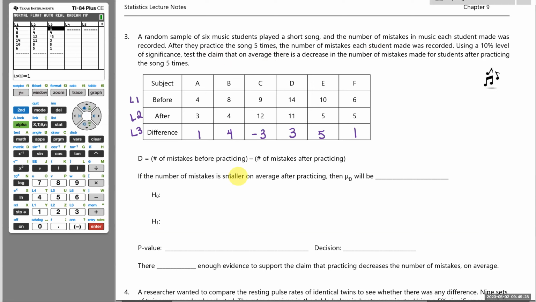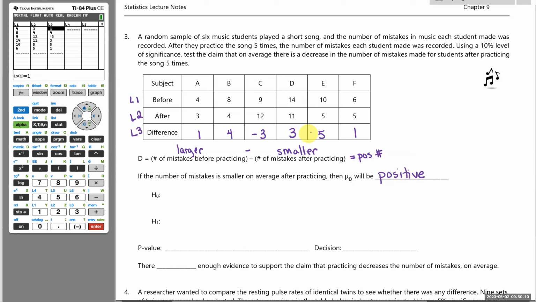So if the number of mistakes is smaller on average after they practice, that would mean that the number of mistakes before is the larger number minus the number of mistakes after practicing. If the claim is true, that should be a smaller number, less mistakes. And a larger number minus a smaller number is always a positive number. So I would expect on average that the differences would be positive.